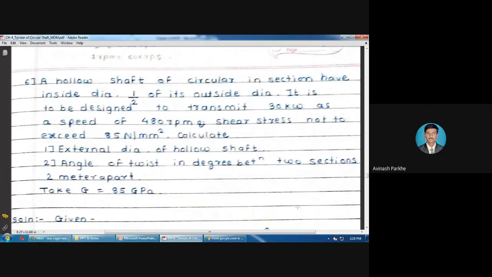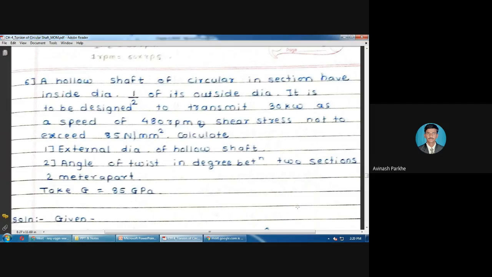A hollow shaft of circular section has inside diameter 1/2 of outside diameter. Hollow shaft is given. Its inside diameter, that is di, is equal to 1/2 into outside diameter do. That is di is equal to 0.5 times do. 1/2 means 0.5.